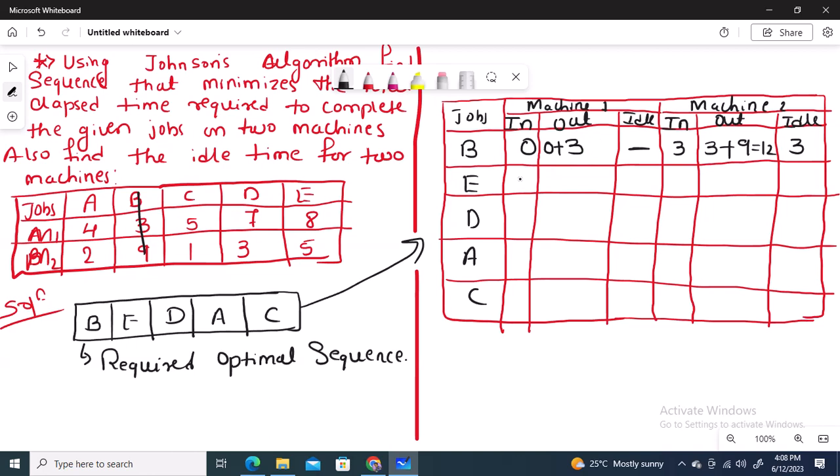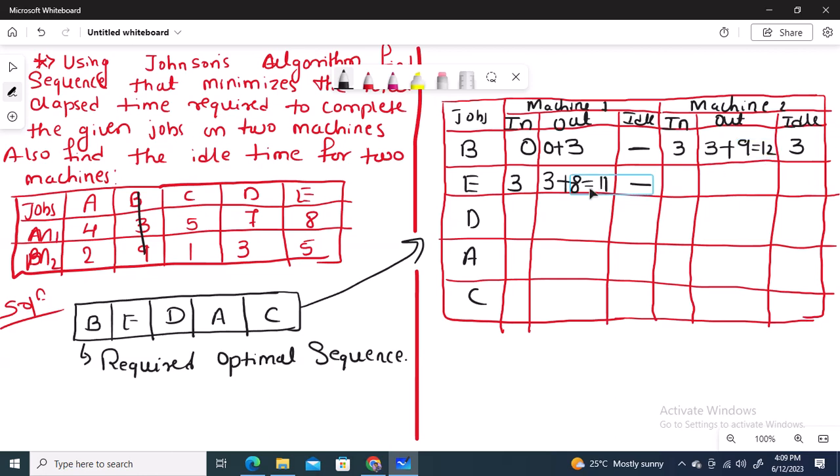Therefore in time for job E is 3. So 3 plus 8, how much? 11. There is no idle time; the machine is not waiting anymore. Now you can see machine 1 completion time for job E is 11 hours. Machine 2 is already taking 12 hours to complete the job.